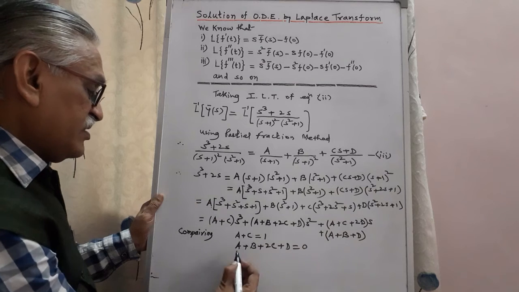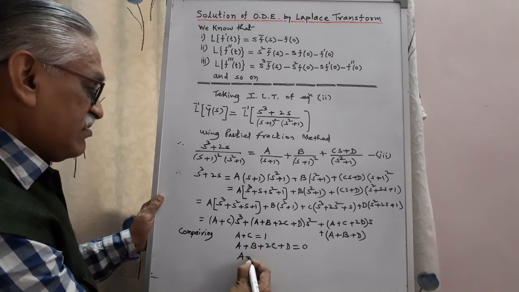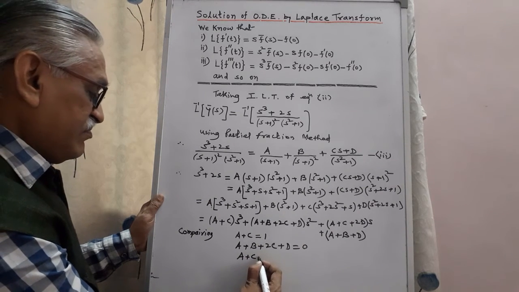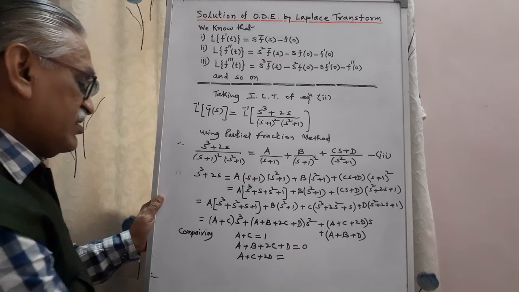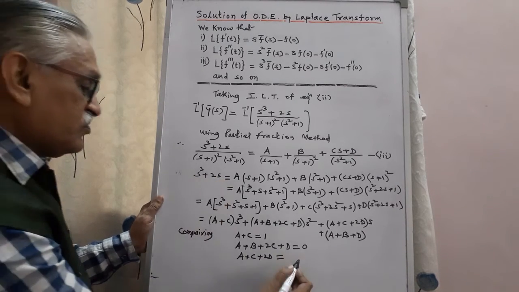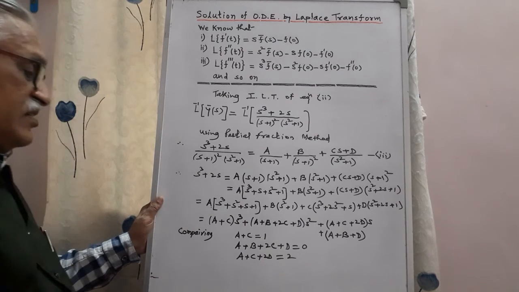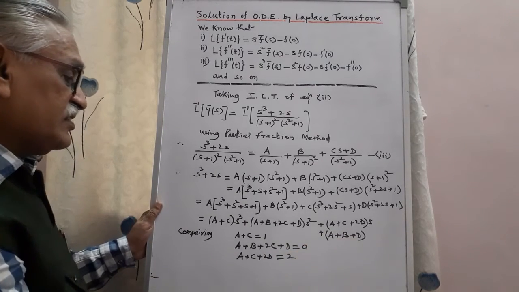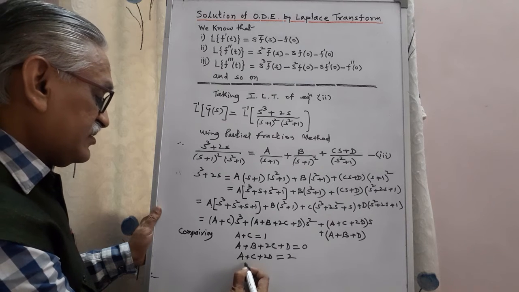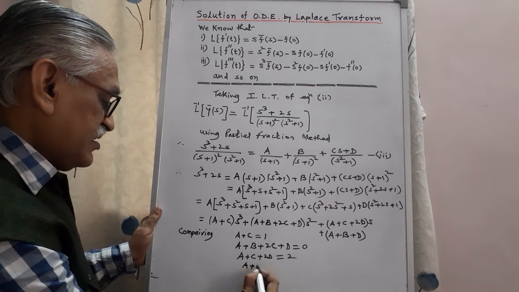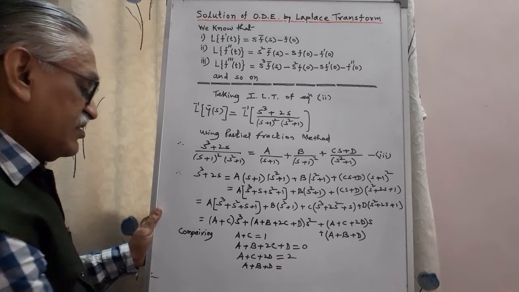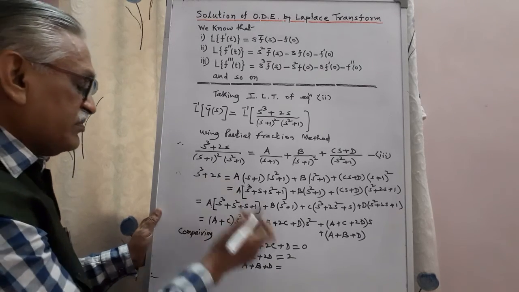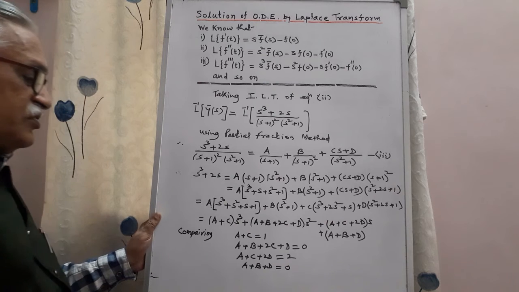Coefficient of s is a plus c plus 2d, and here it is 2, and the last a plus b plus d, constant term, and no constant term is here, therefore it is equals to 0.